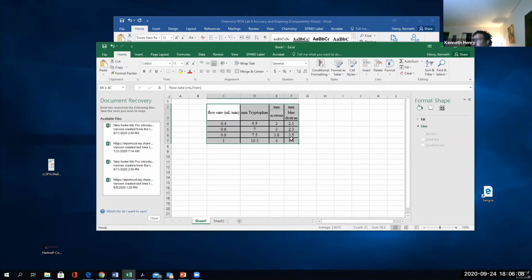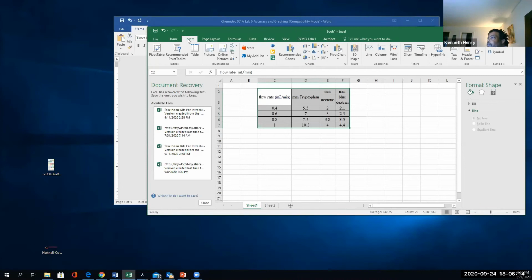Okay, so to make a graph, you can use a line graph or you can use a scatter plot. I prefer the scatter plot.